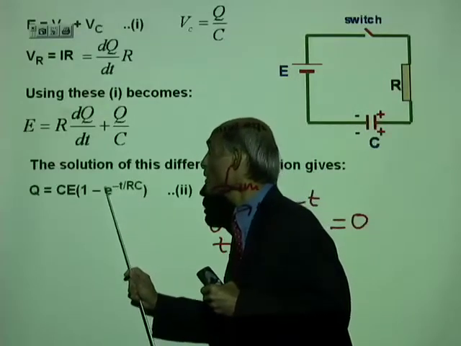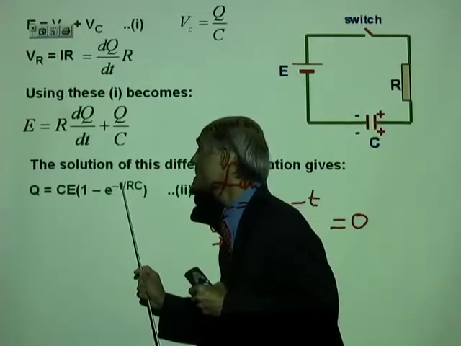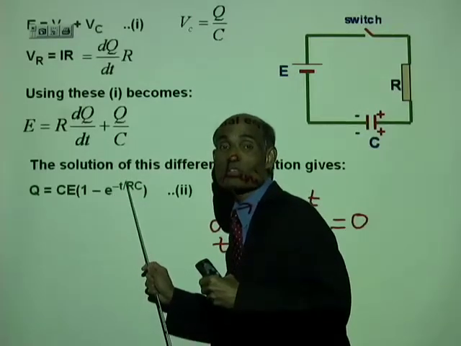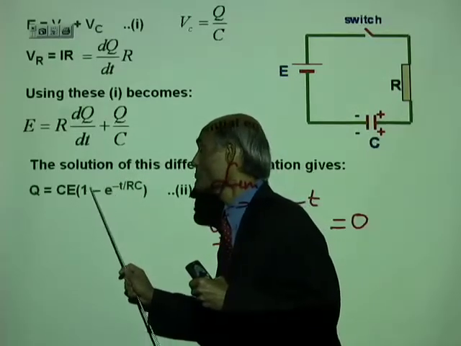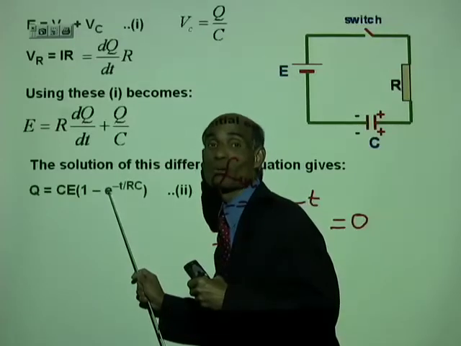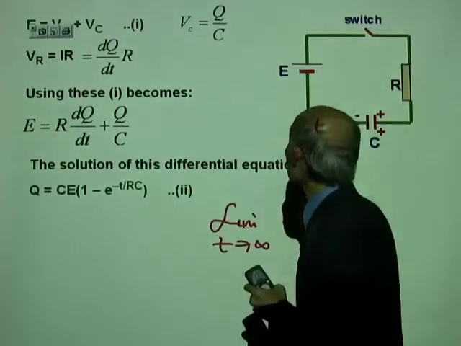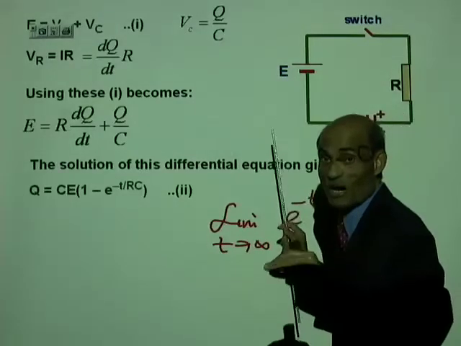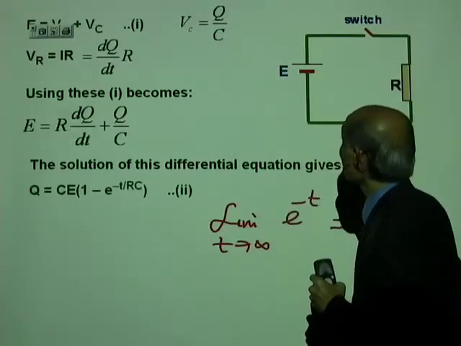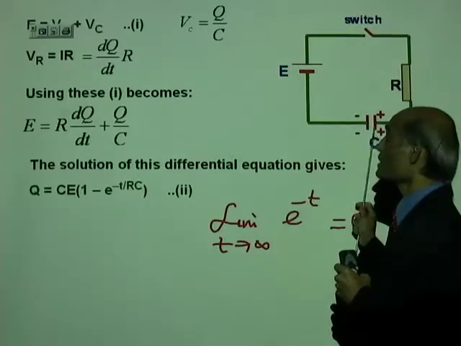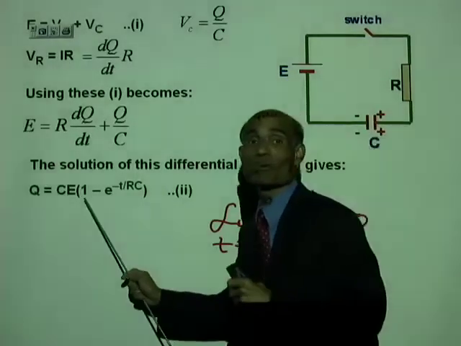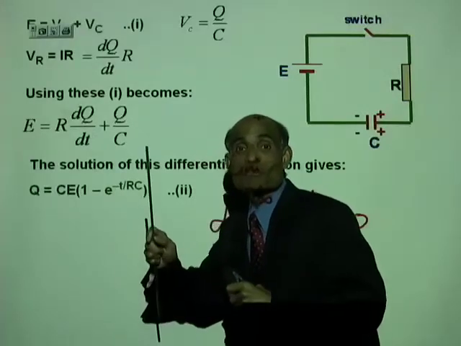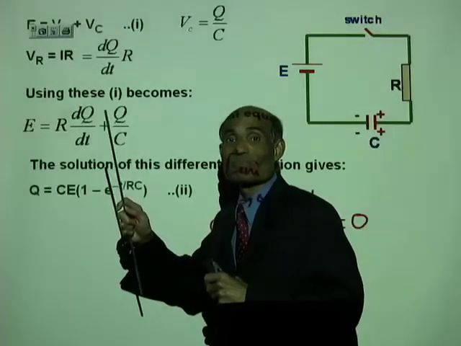Well, e to the power of 0 is 1. 1 minus 1 is 0. That means at t equal to 0, when you set up this connection and start the clock, the amount of charge on the capacitor plate is 0. And as time increases, the amount of charge will increase.